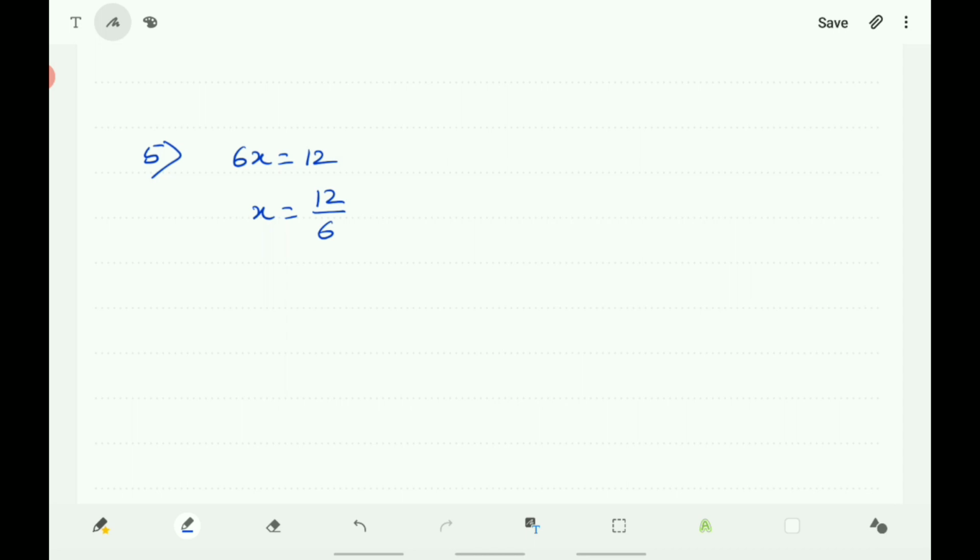It is nothing but dividing both sides by 6. So you can write dividing both LHS and RHS by 6. It is nothing but transfer of 6 to the RHS. So you got x equals 12 by 6.